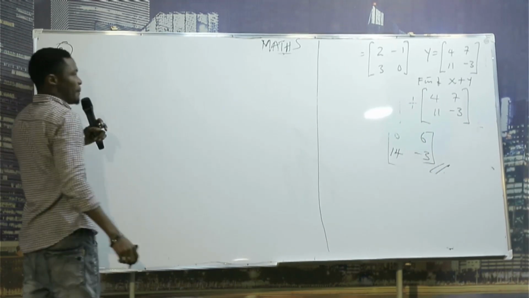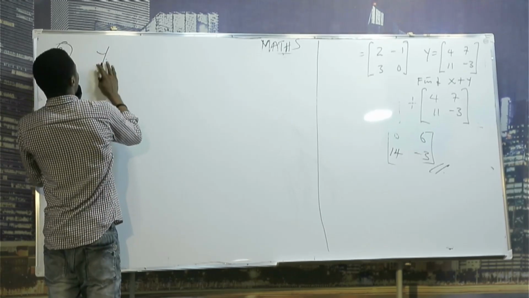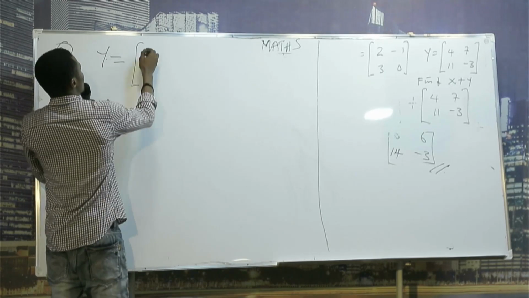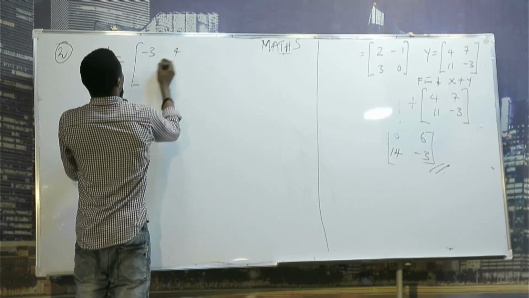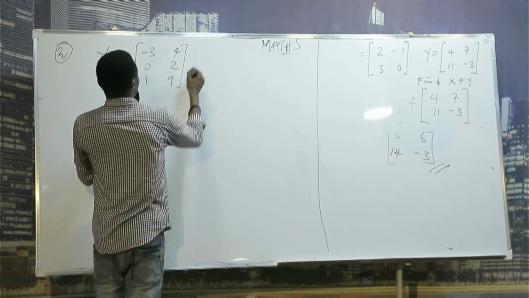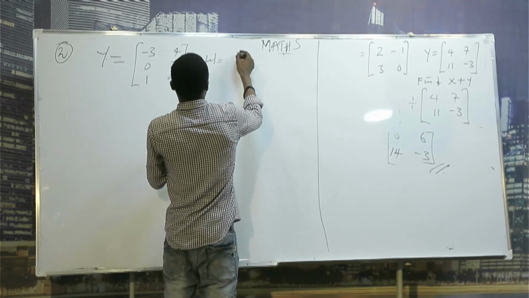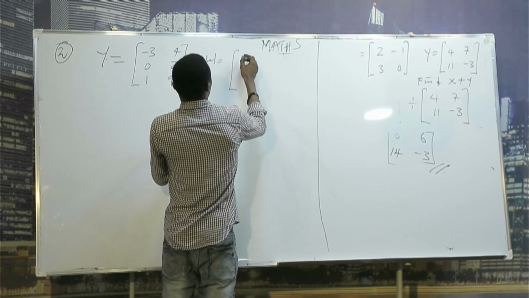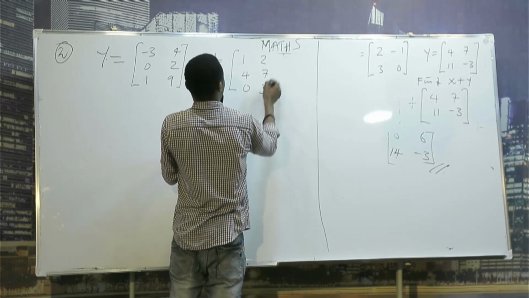Number 2 example. Y is equal to minus 3, 4, 0, 2, 1, 9. And then W is equal to 1, 2, 4, 7, 0, 3.